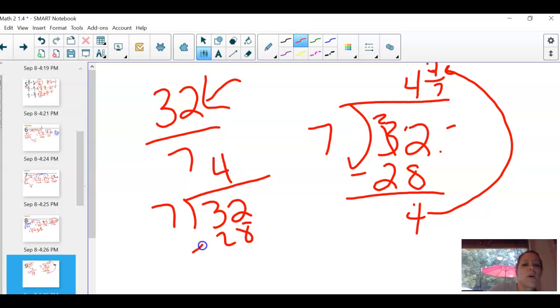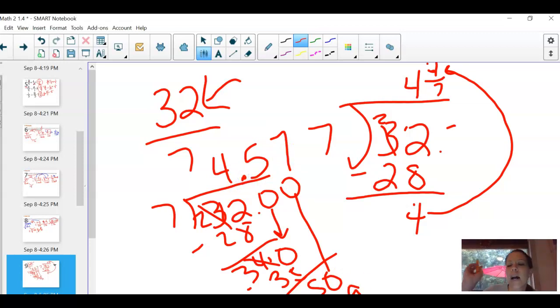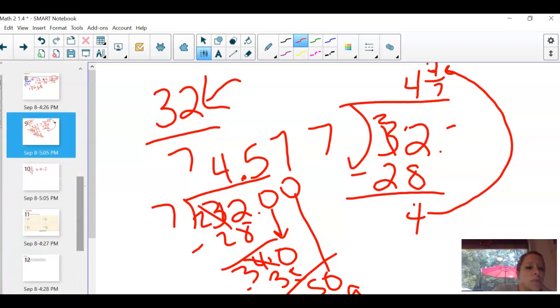And that gives me 28, which still goes like this. 4, I put a decimal, bring it down. 7 times 5 will get me as close without going over as 35. 7 times 7 is 49. So I've got about 4.57, 4 57/100 meals. So there's multiple ways that I can represent those.